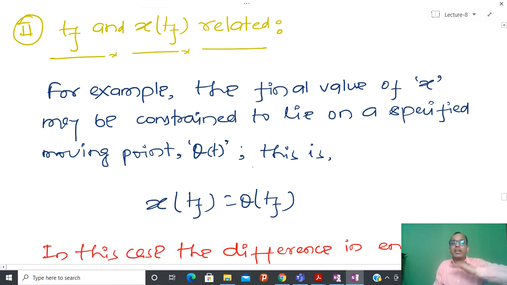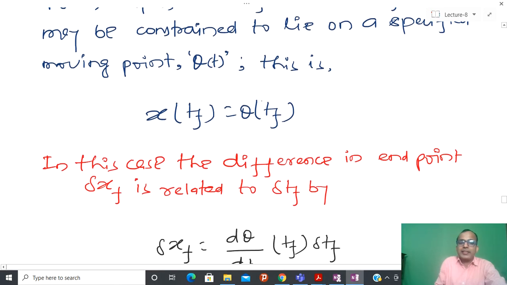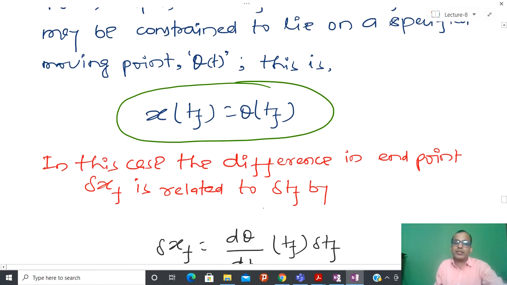So I have some kind of specification, or relation, between the final time tf and final state x(tf), and suppose that relation is captured using this kind of equation.